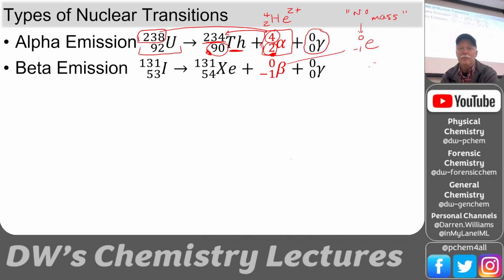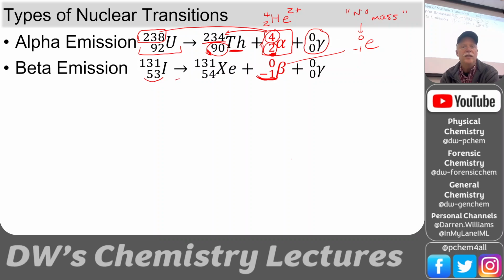Okay, so in terms of the impact on the nucleus, it doesn't count as a nucleon, a particle in the nucleus. When it leaves, it converts one of the neutrons into a proton, okay? So to balance this out, we've got 53 protons in iodine. Over here, we've got a -1 on the beta particle.